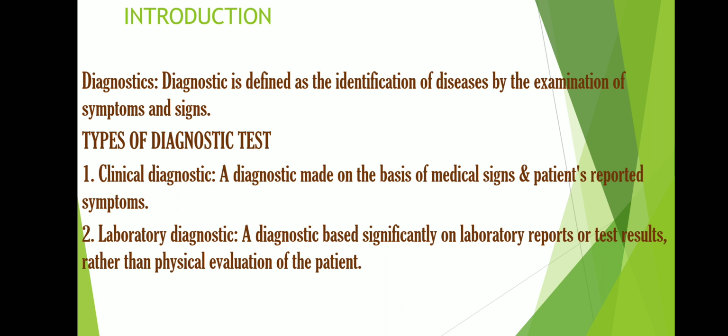For example, to know if a patient is diabetic or not, we do a urine test, or we can also conduct a blood test to identify the sugar or glucose level in blood or in urine. That will be done by testing the urine or blood sample of the patient. That will be a lab diagnostic system.